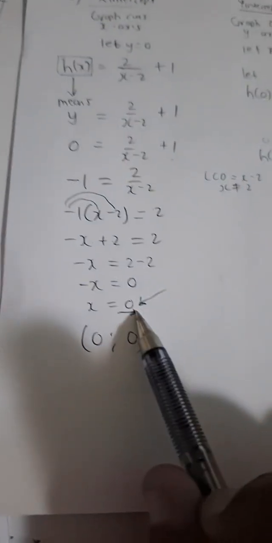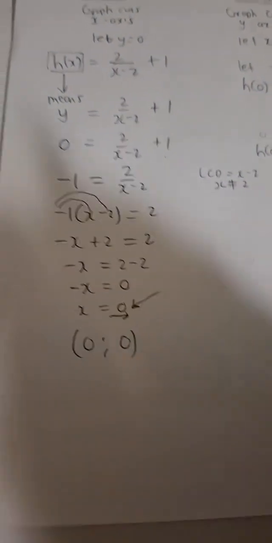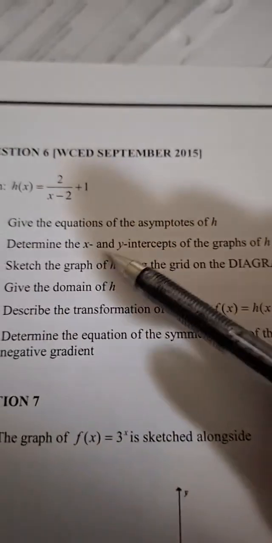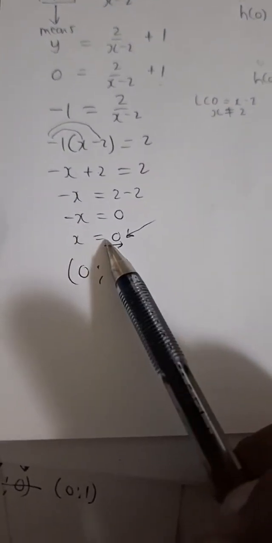So this here, guys, is what we call the x-intercept. It's x is equal to 0, guys. That's the x-intercept of this function. We are directly answering the question of determine the x and y intercepts of the graph. So the x-intercept, there it is, x is equal to 0.